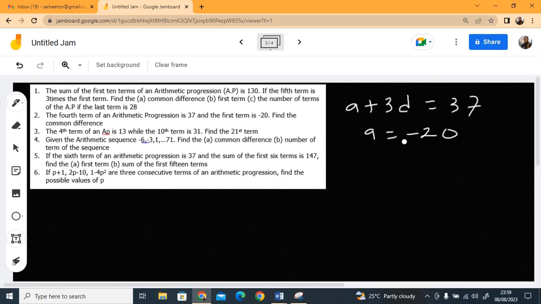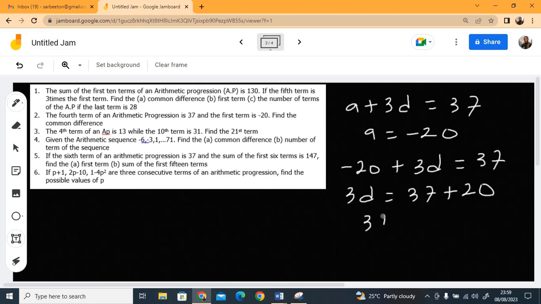Using this, we are going to substitute minus 20 in this equation. Anywhere you see a, you put minus 20. So minus 20 plus 3d equals 37. You transfer this to the other side: 3d equals 37 plus 20, because minus 20 becomes plus 20.